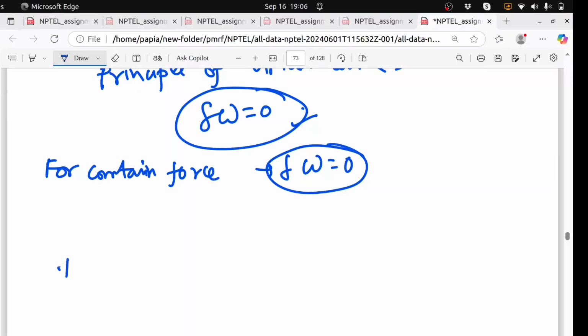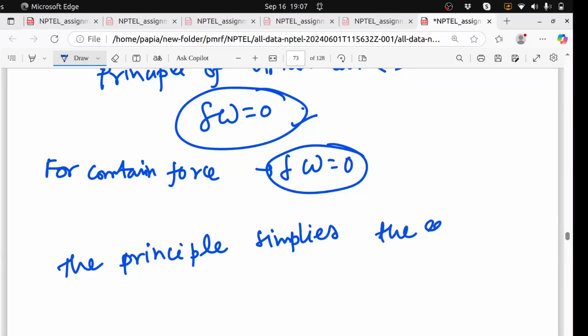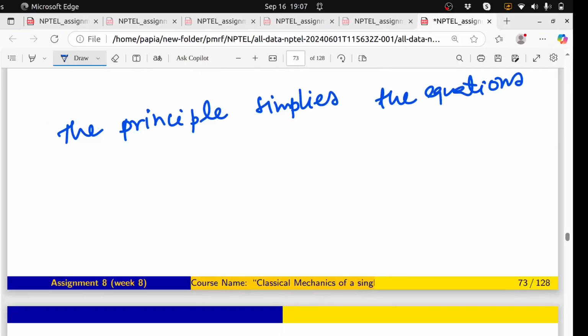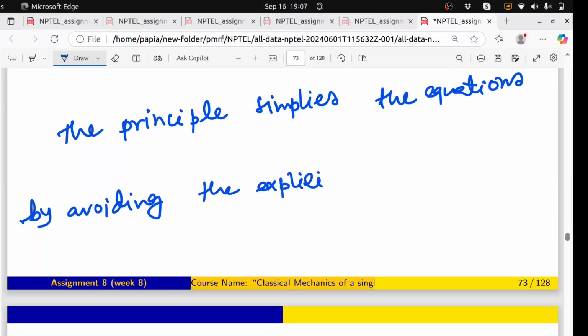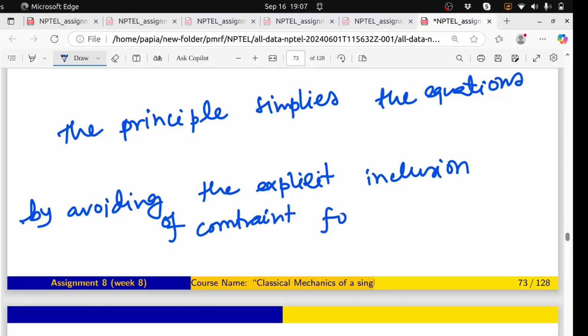So the principle simplifies the equations by avoiding the explicit inclusion of constraint forces.